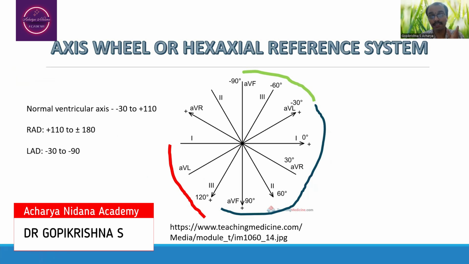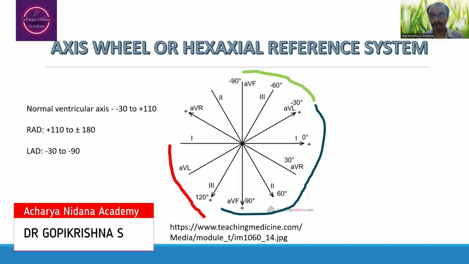Axis looks like a 360-degree circle, that's why it is named the axis wheel. It is named the hexaxial reference system because all these frontal plane leads are used: lead 1, lead 2, lead 3, AVR, AVL and AVF.